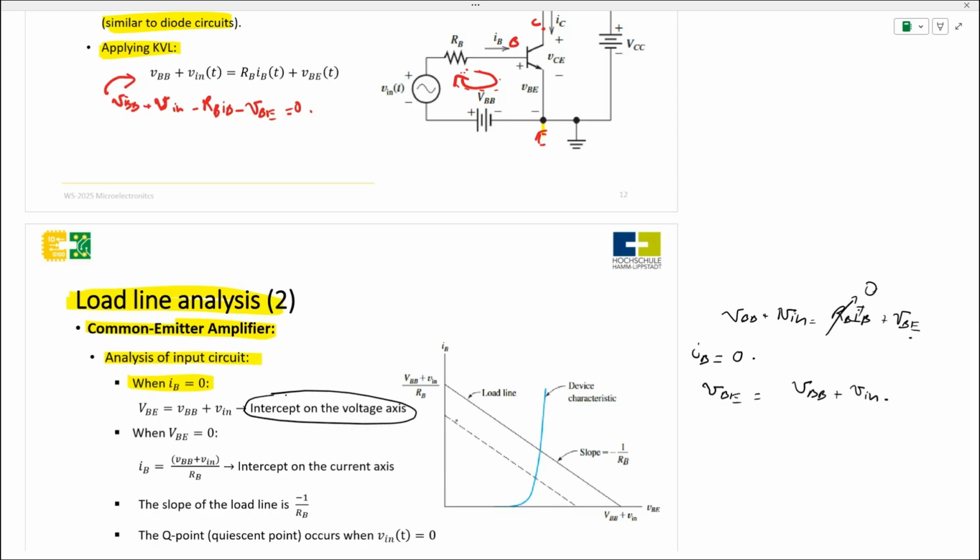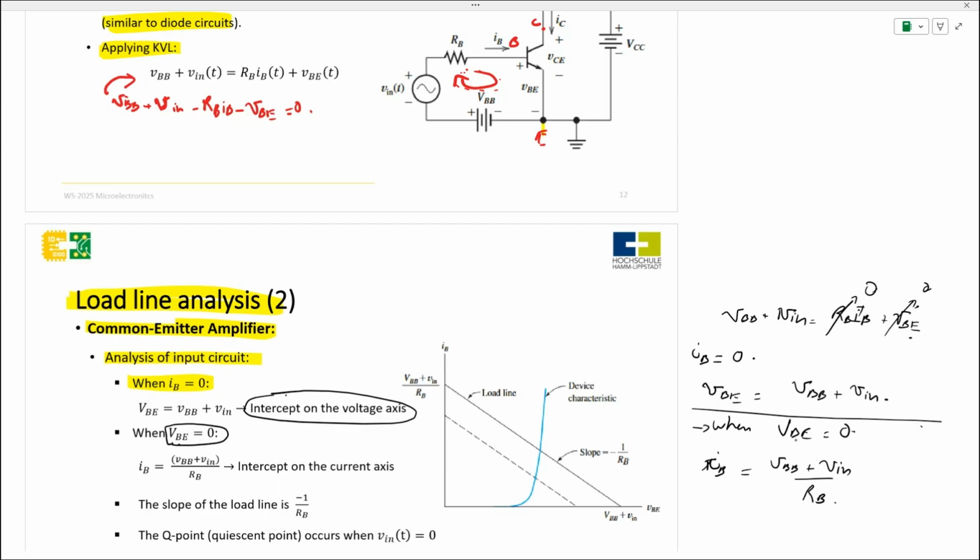Let's talk about this in more detail. When VBE equals 0, this one is not 0, so we will have our IB equal to VBB plus Vin over RB.